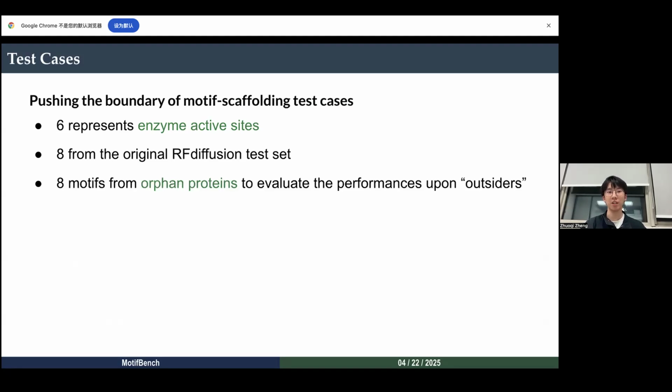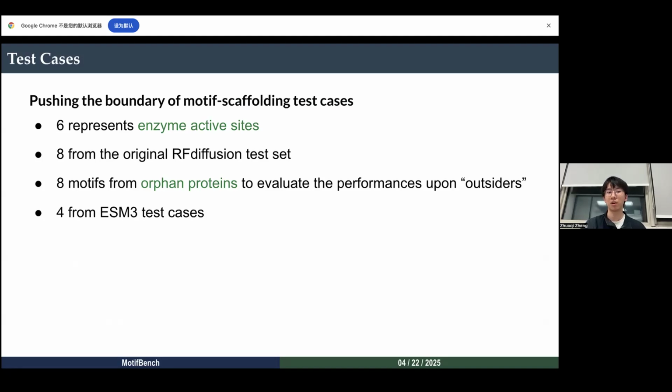And also we have 8 motifs which we extract from the latest proteins that have little or no homology to existing ones, to evaluate the generalizability, how the methods perform on these outsiders that they haven't seen in the training set and that have little or no similarity compared with existing protein structures.